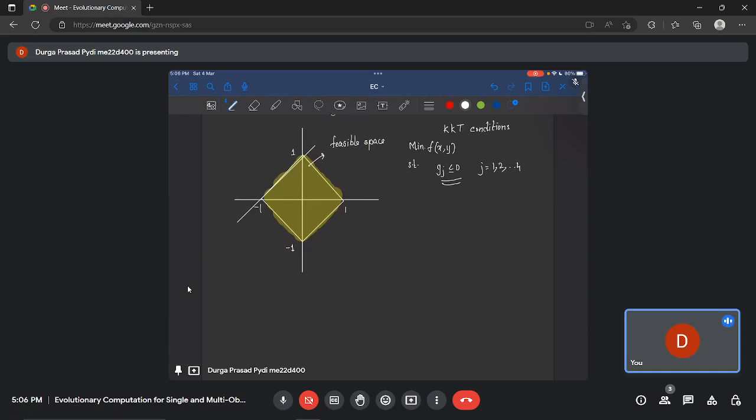So if we were to do the same, this is what we are going to do. Let me define another function, say L of x comma y, comma, with some parameters to quantify the constraints, which we will discuss now.